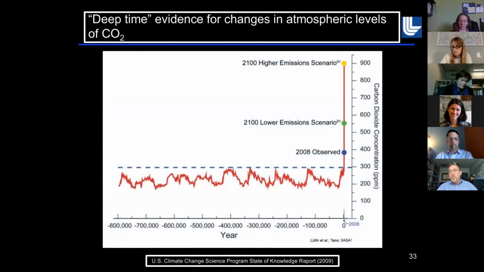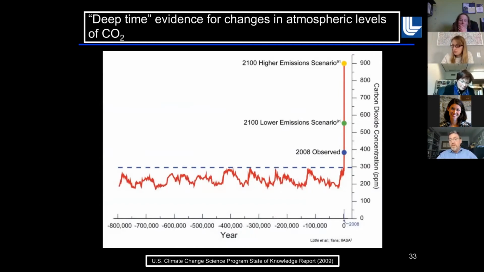That enables you to do something like this, to look at a record of the last 800,000 years of CO2 levels in the atmosphere, compiled from a variety of different Antarctic and Greenland ice cores. And we can see this nice ice age cycle in that red curve, the beat of the ice ages.